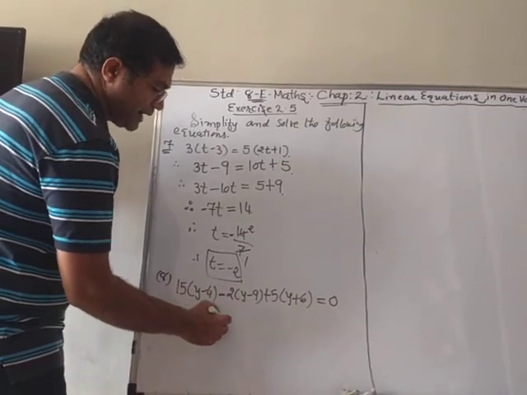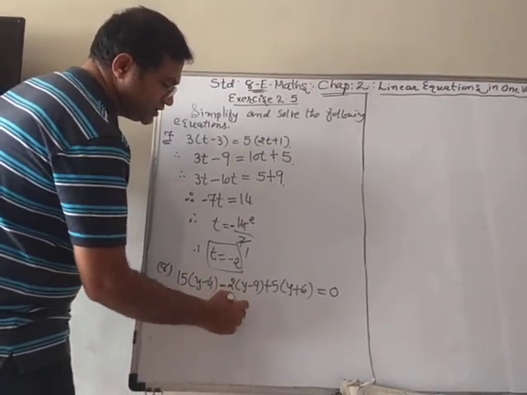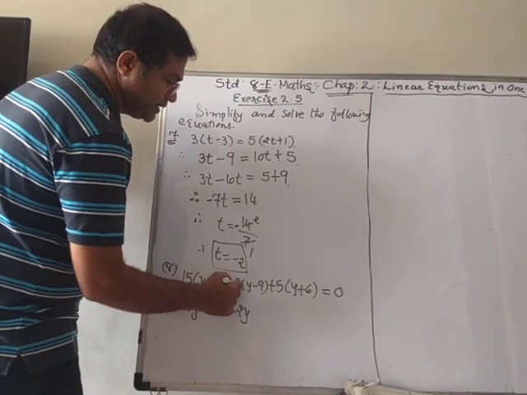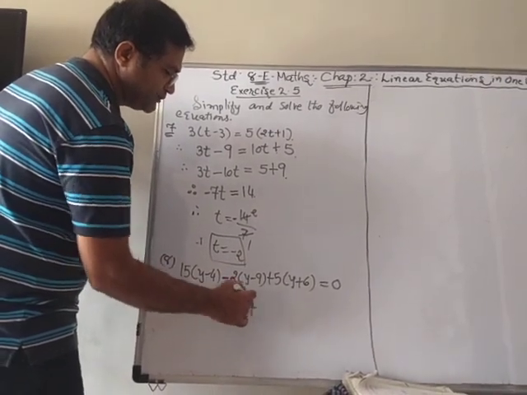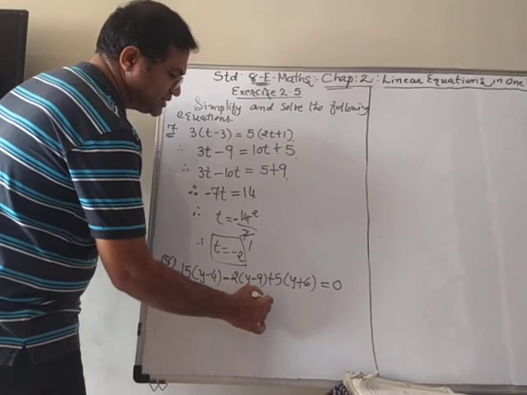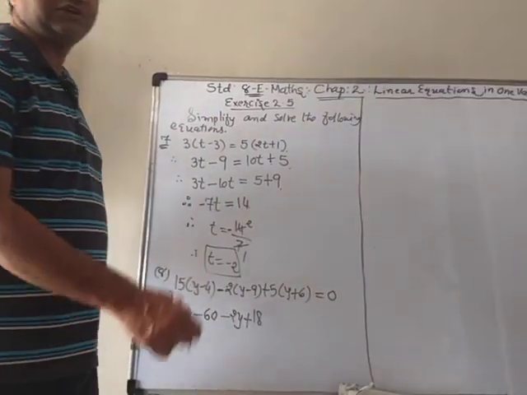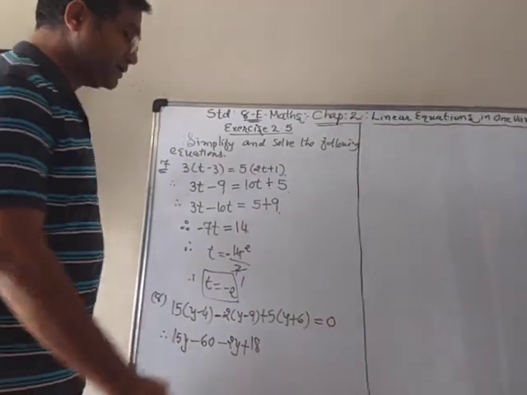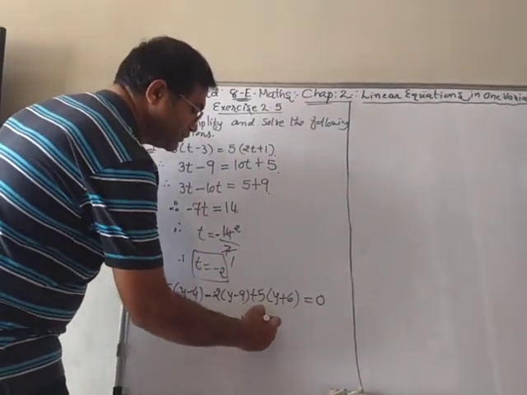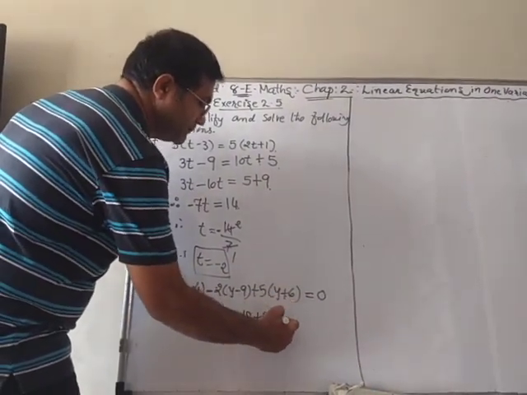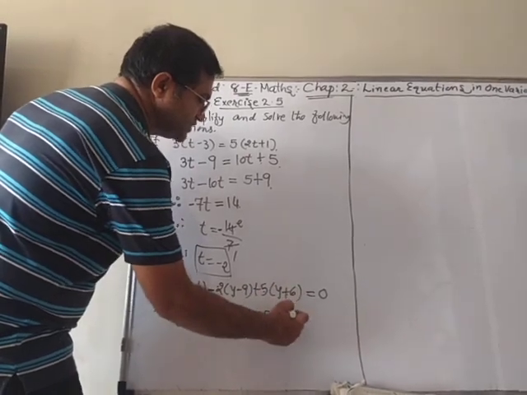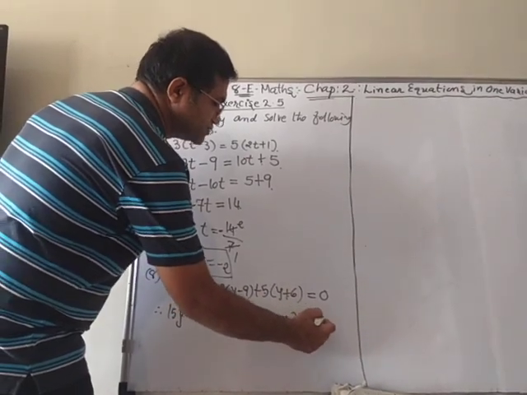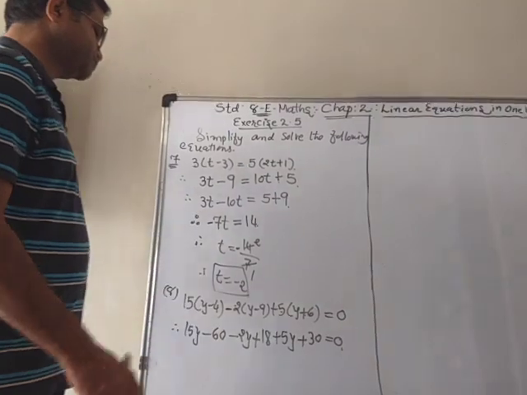So now minus 2 into y is minus 2y, and minus minus becomes plus. 2 nines will be 18. But here there is a plus sign, don't have to worry. So plus 5y plus 5 6s are 30 is equal to 0.